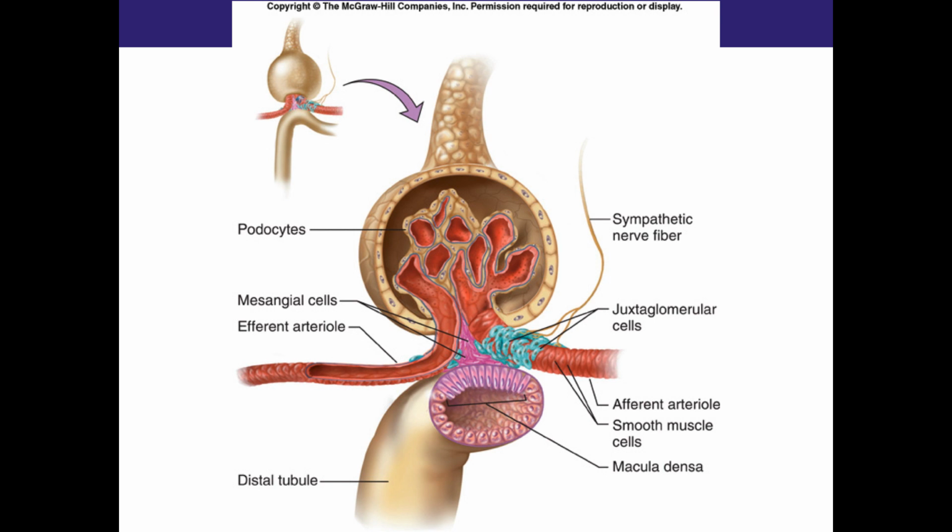You can do that by closing up those filtration slits or causing what's known as mesangial loops. So you cut off circulation to certain parts of the glomerular capillaries to decrease the surface area and decrease glomerular filtration rate. Does that make sense? Now it seems a little bit easier, doesn't it? Okay.